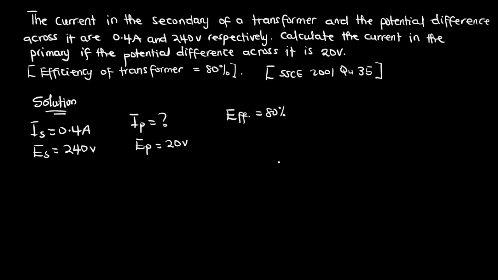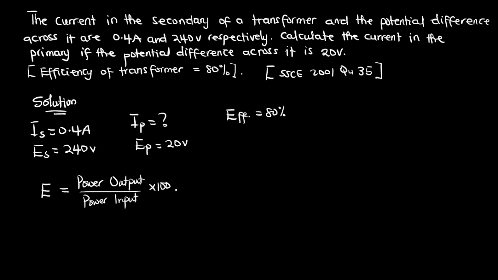All right, so let's look at the solution to this particular problem. Now if we are given efficiency, efficiency is equal to power output over power input multiplied by 100.